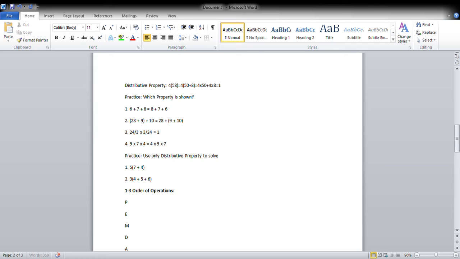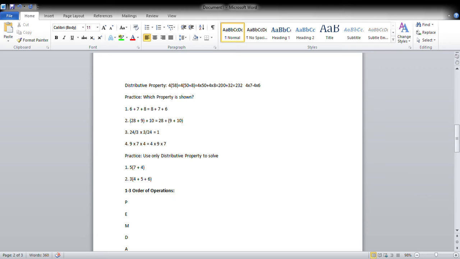And we get 200 plus 32. That is 232. Now there's another thing, which is you can use it to combine. So pretend we have 4 times 7 minus 4 times 6.